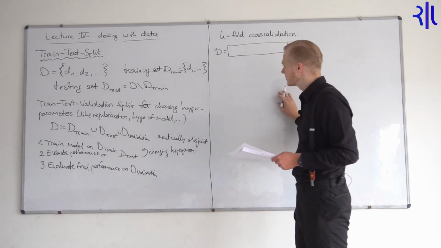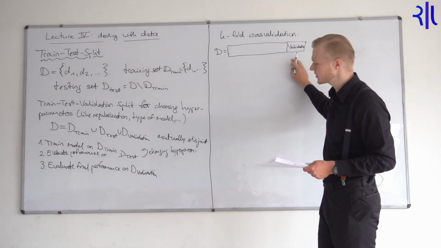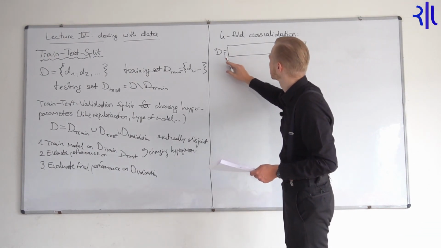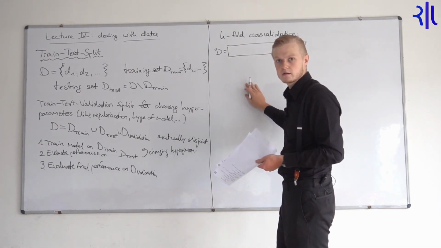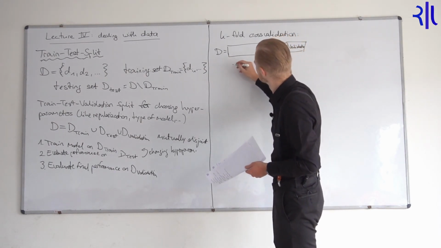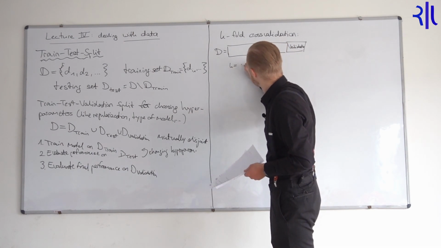And what we do here is we again take out our validation part, but now we're splitting our data set into k equally sized parts. So let's say k equals 5.